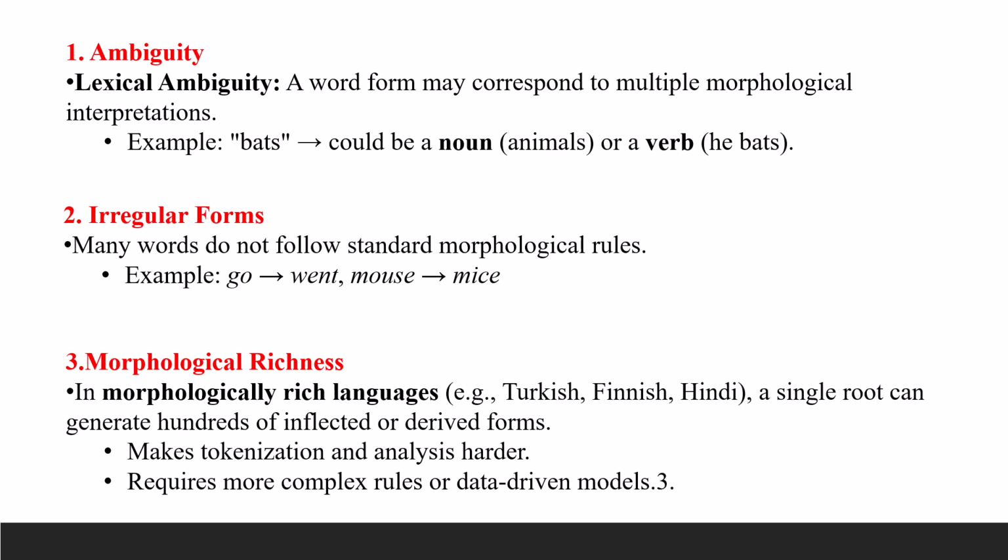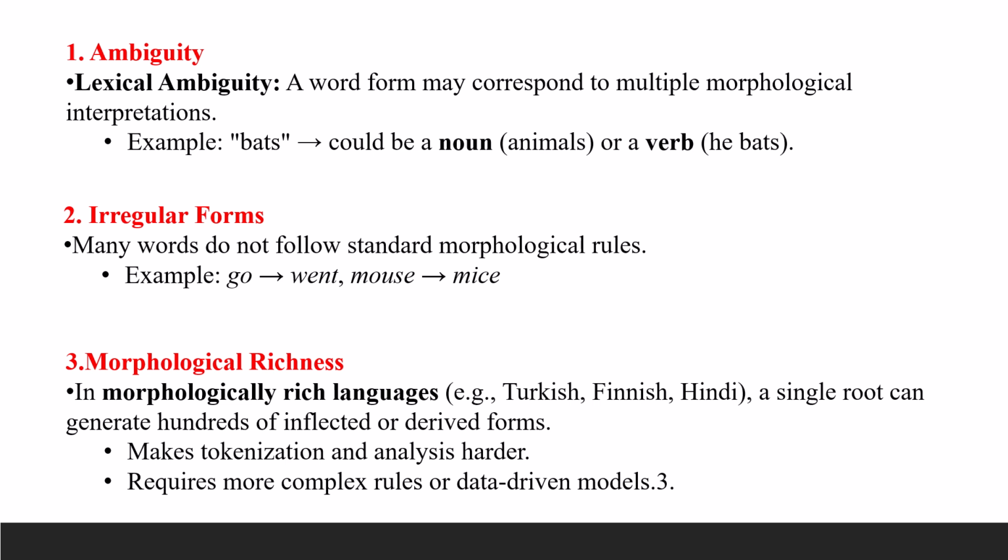Coming to the first problem, lexical ambiguity. Ambiguity is nothing but a single word form that can have more than one meaning or grammatical role. Take this example, bat.